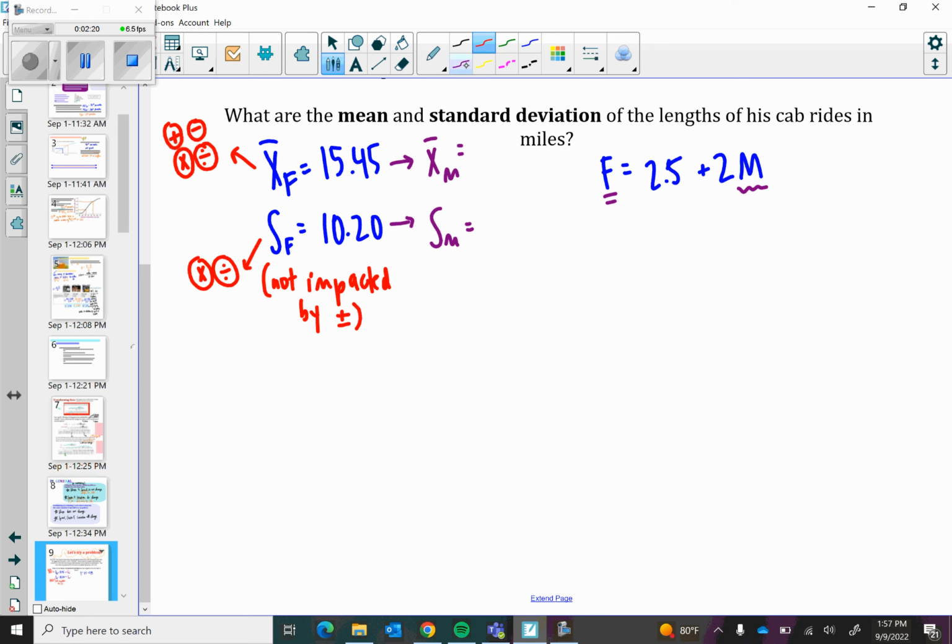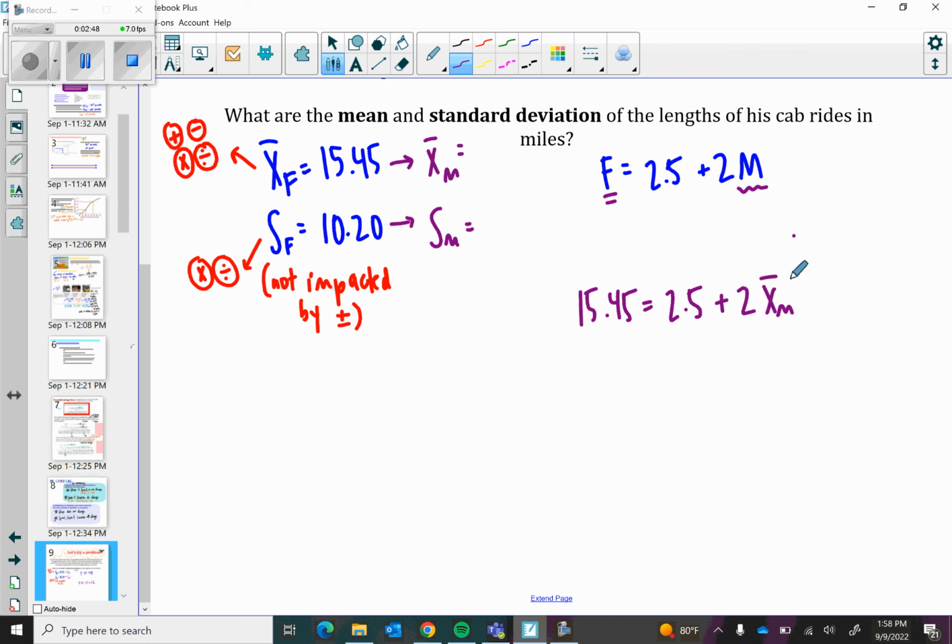So what does that come into for this problem? When we're figuring out the new miles driven, for the mean, we're going to use both of the numbers in this equation. We're going to do both the addition and the multiplication. So the average fare, $15.45, is equal to 2.5 plus 2 times x bar m.